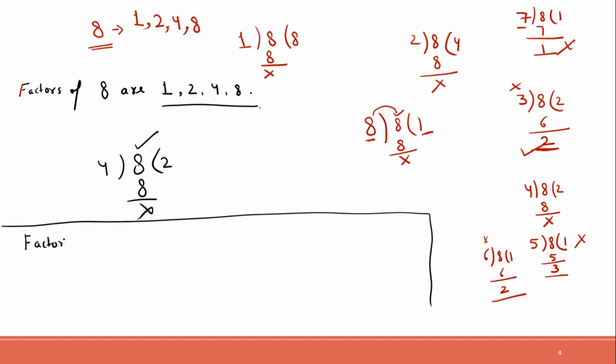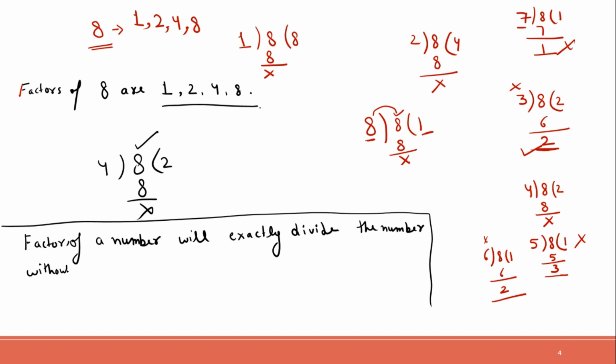Factor of a number will exactly divide the number without leaving any remainder.